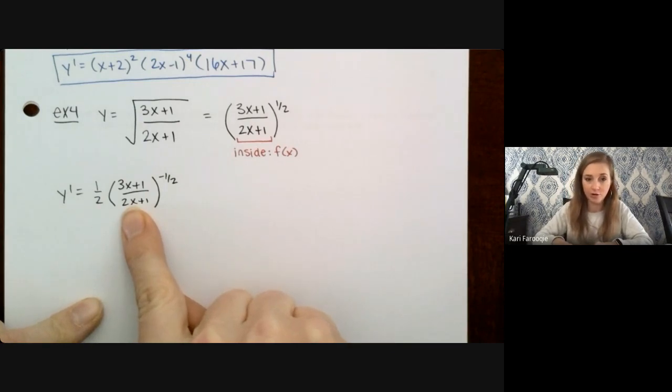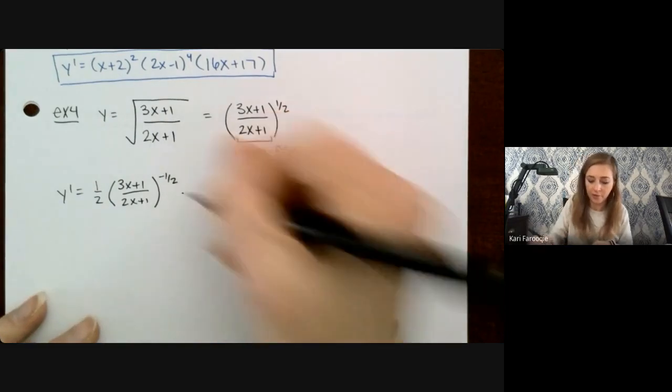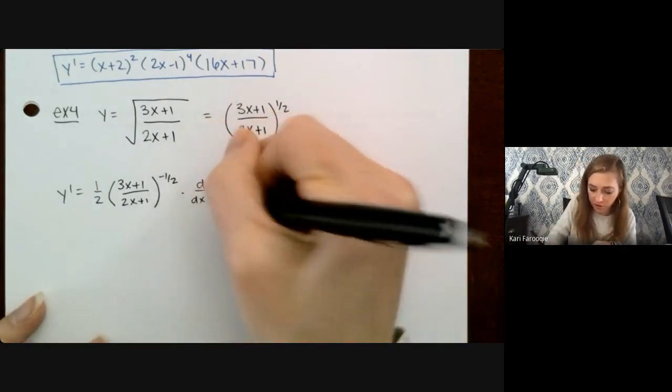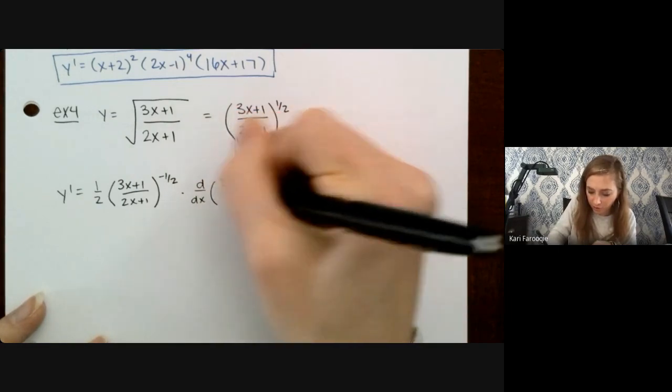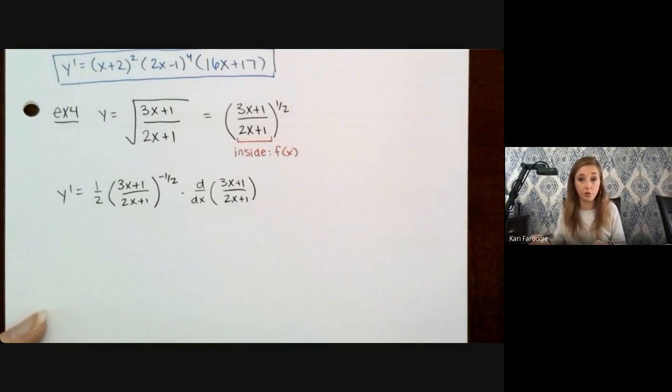So in order to do that, we need to find the derivative of the inside function. So let's do that. I'm just going to note this times d dx of the inside function. And then we'll find what that derivative is.